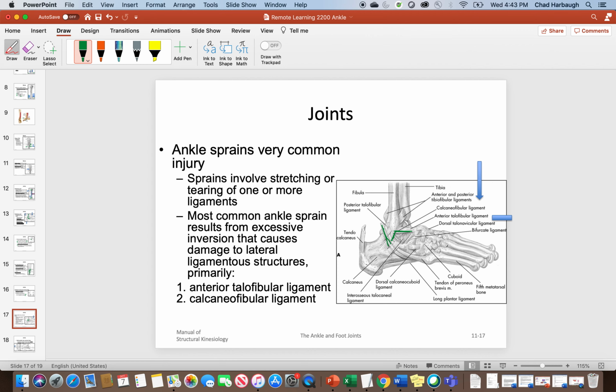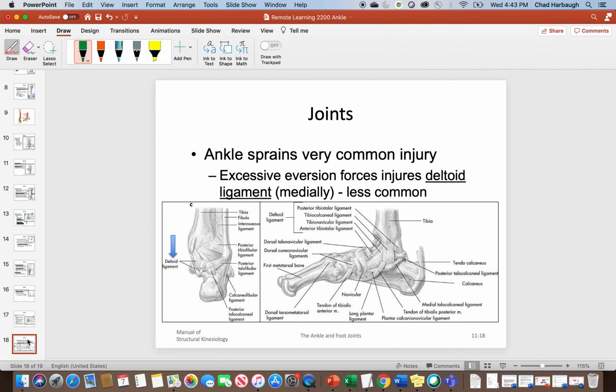And that's because they're in direct relationship to the peroneus brevis and longus tendons coming down. So usually we see this occurring with excessive inversion. The classic ankle sprain is the easiest way to remember this one.